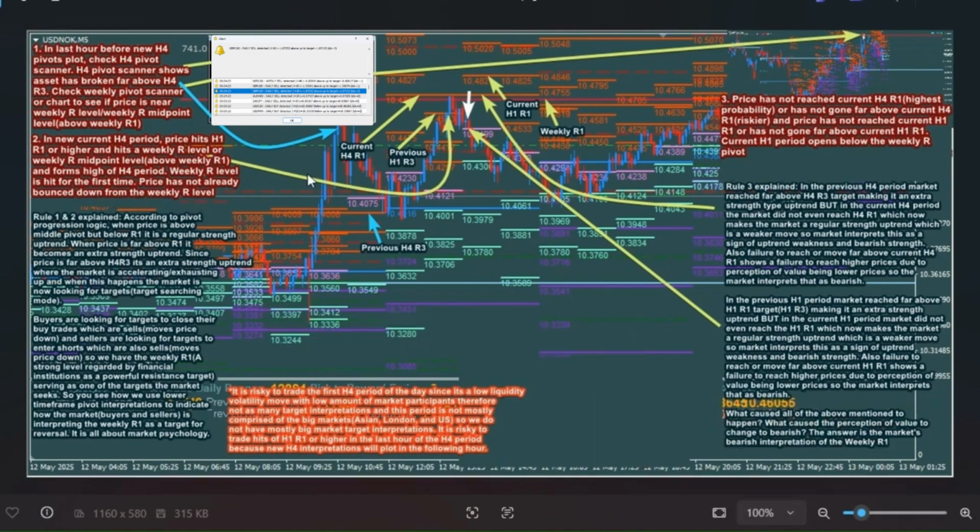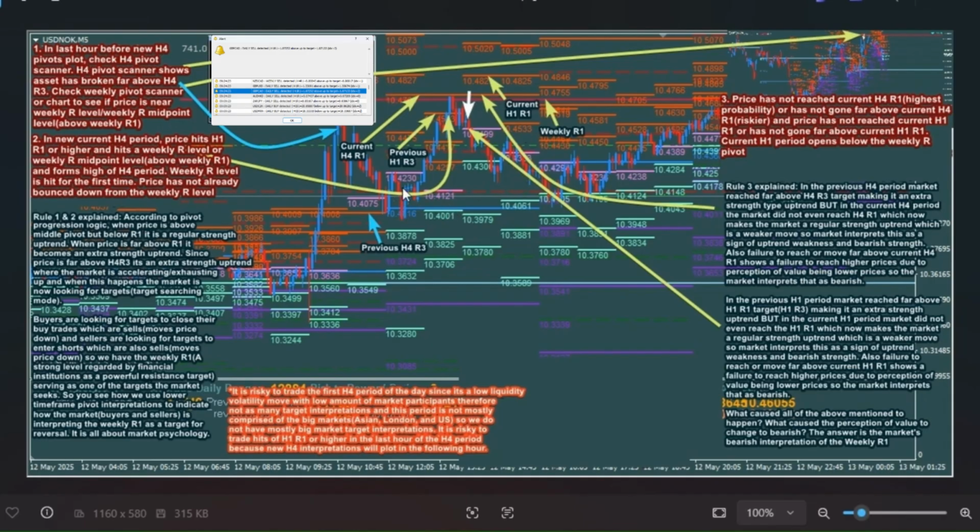Okay? You see the arrow pointing to price moving up here in the current H4 period. So this is the previous H4 period, and this is the new current H4 period.